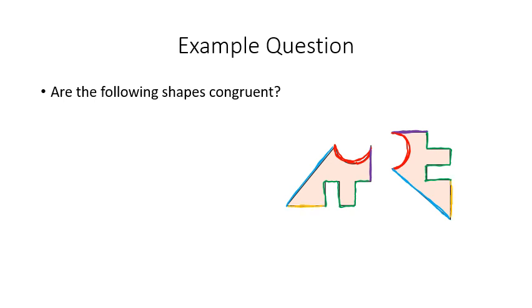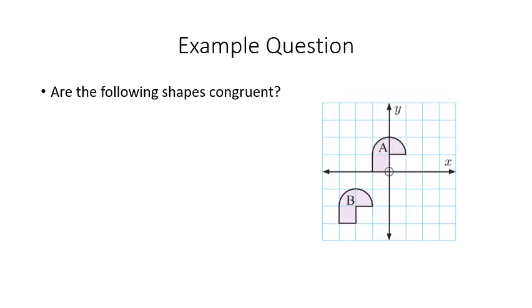And what you'll see is that if we actually rotated our first shape 90 degrees anti-clockwise, then we would end up with this shape right here. So then we can say, well, yes, these shapes are congruent.